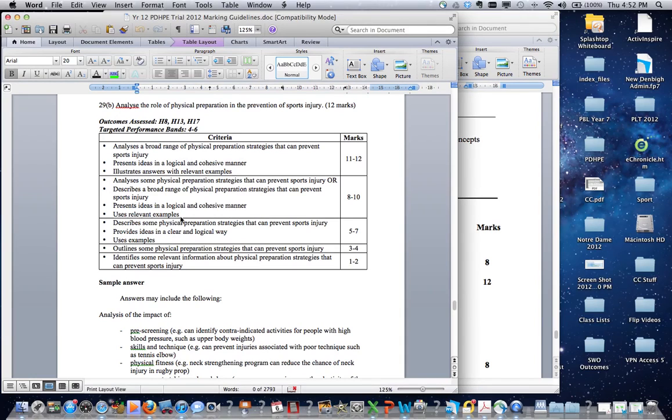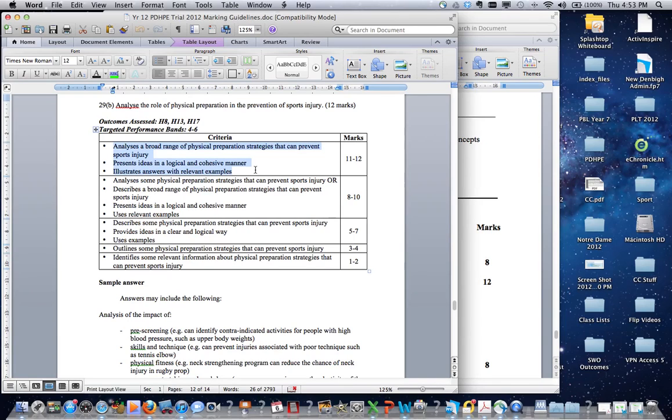The marking criteria, so the things that we were looking for in this response to get a top band mark, these are the things that you needed to do. Analyse a broad range of physical preparation strategies that can prevent sports injury.